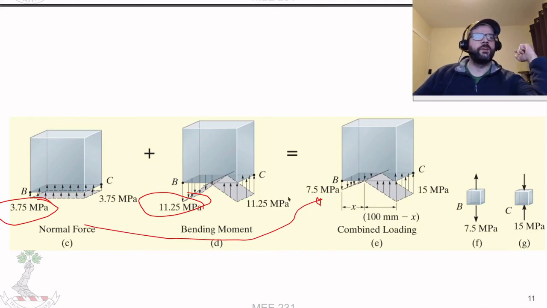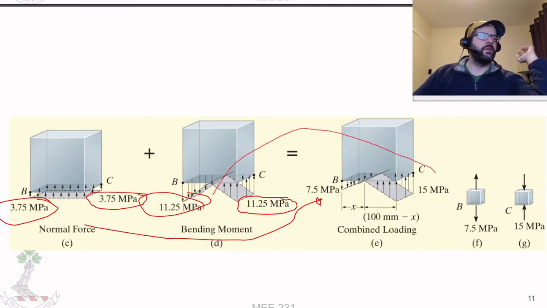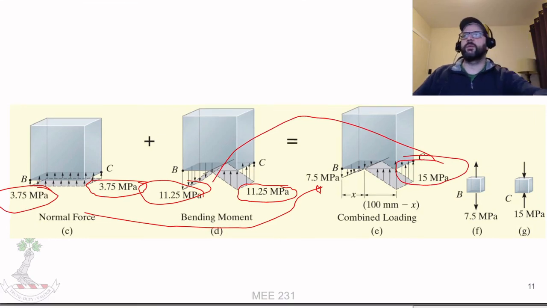Whereas at C, we have an 11.25 megapascal compressive and a 3.75 megapascal compressive, which add together to give us 15 megapascals. So that's our combined loading for that situation.